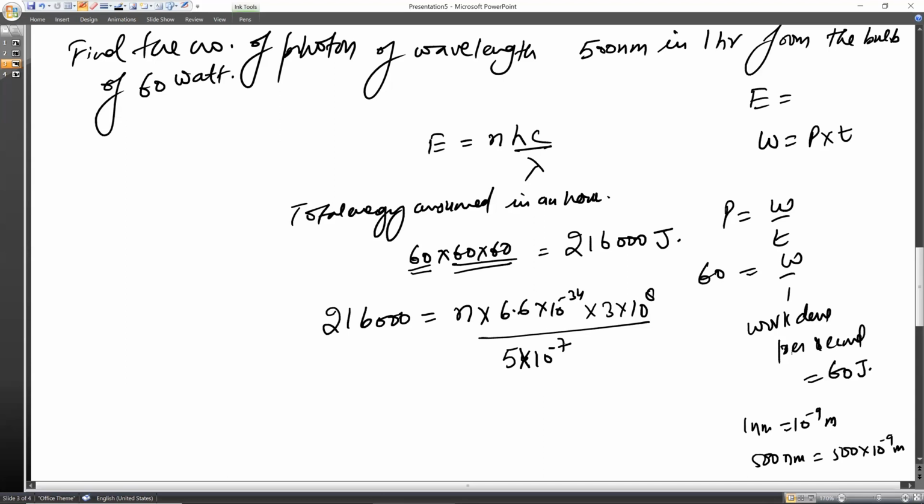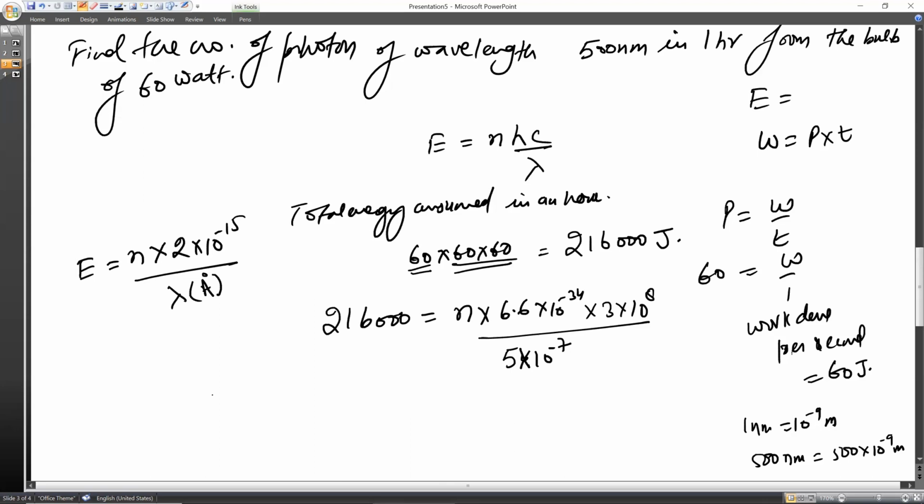And you know that we have given you a formula. If the wavelength is in angstrom, 10 to power minus 10, then we have a formula that energy is equal to N into 2 into 10 to power minus 15 upon wavelength, if the wavelength is in angstrom.